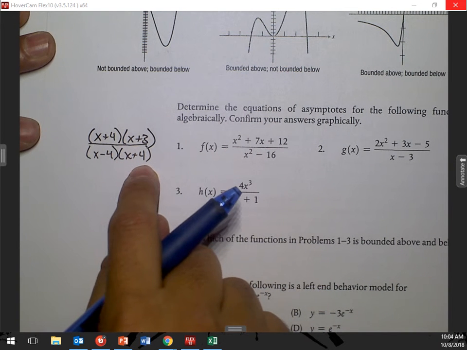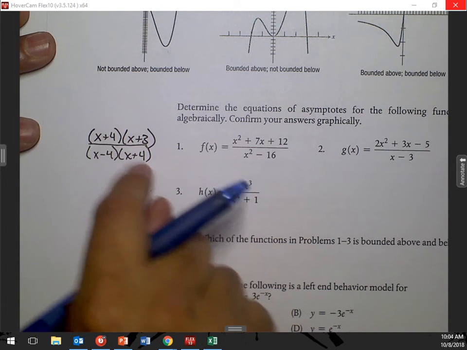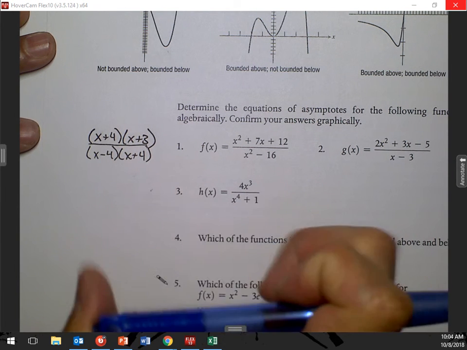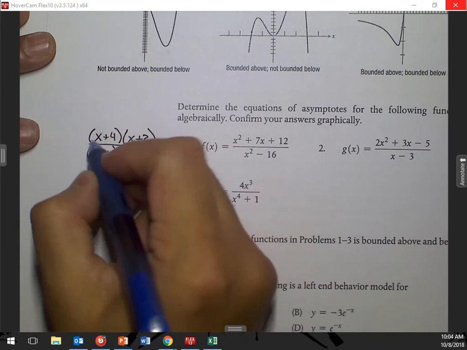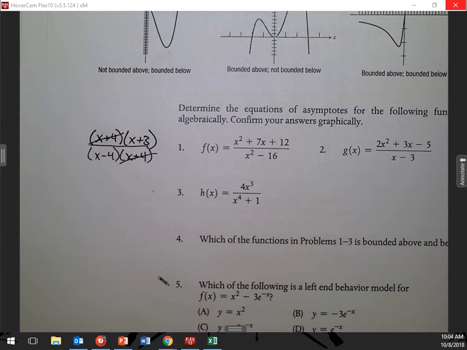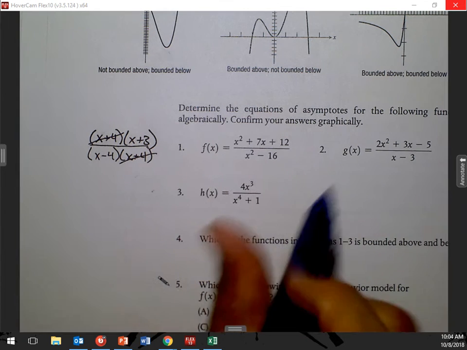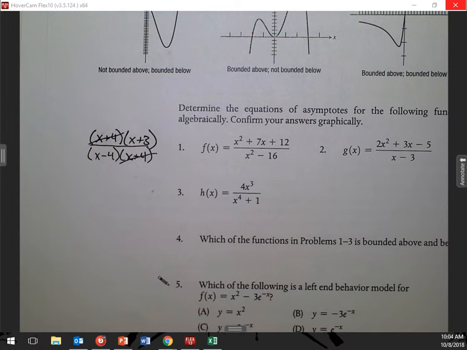Yep. So I know that I could actually cancel out one of these, right? If I can cancel out one of these, what does that make? It's a hole.